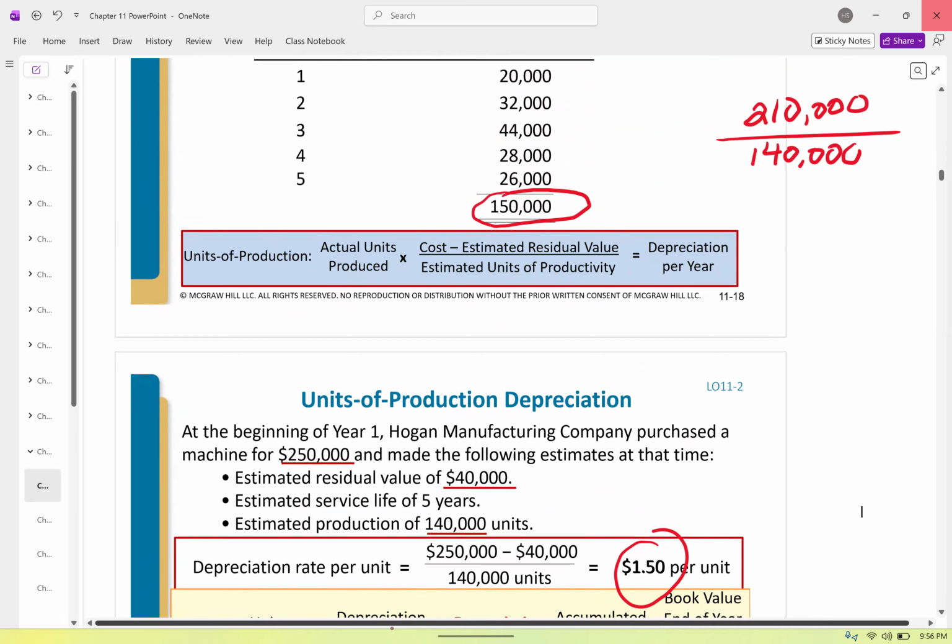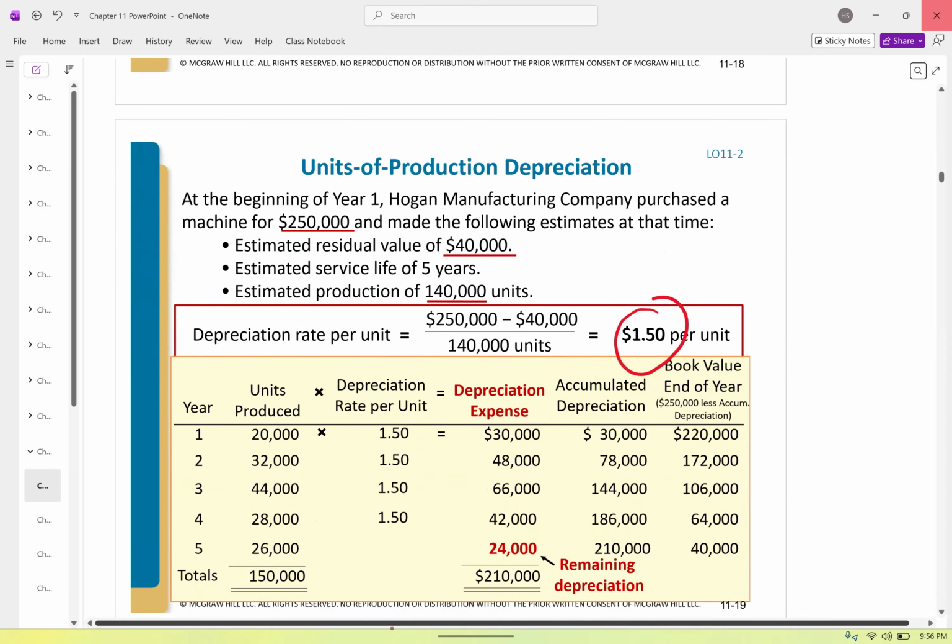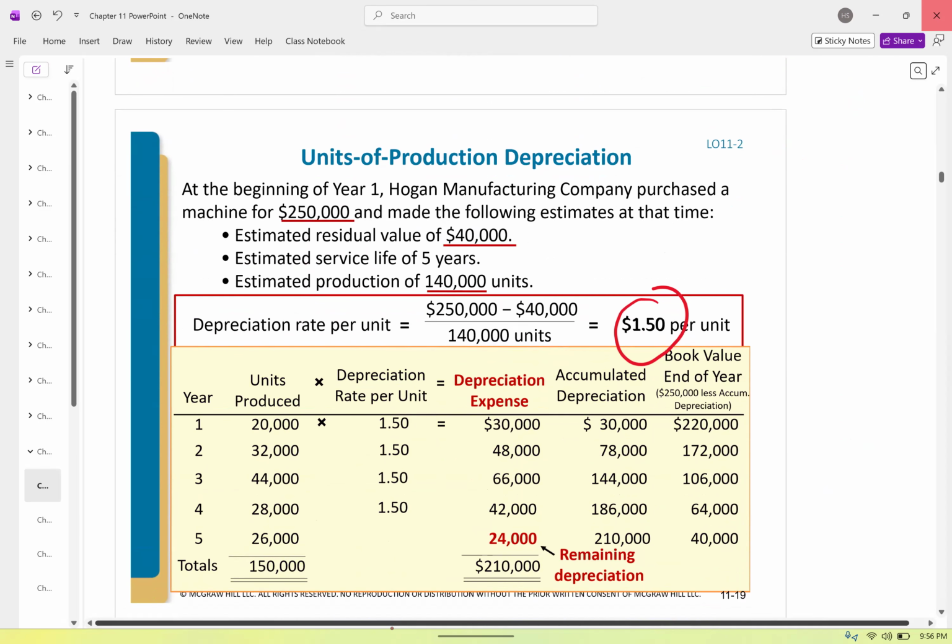Notice that in year five, it said 26,000 units, but we only estimated 140,000 total, so we can't take 26. We can only do 24,000. Basically, this should be 16,000 units multiplied times 1.50.